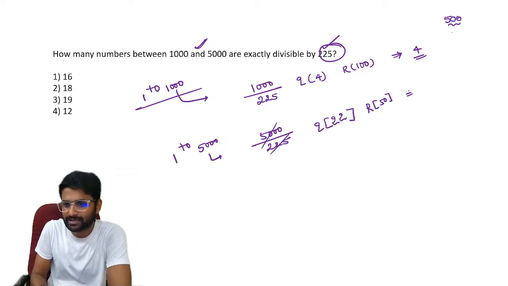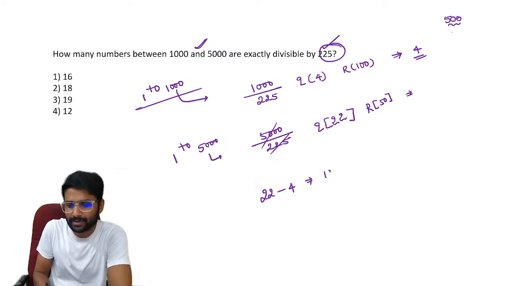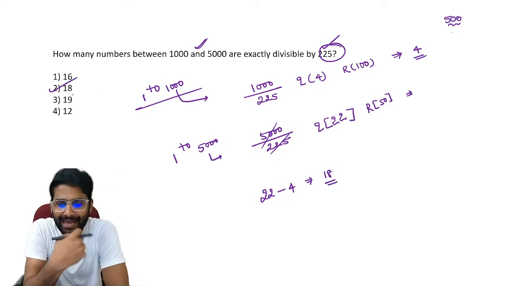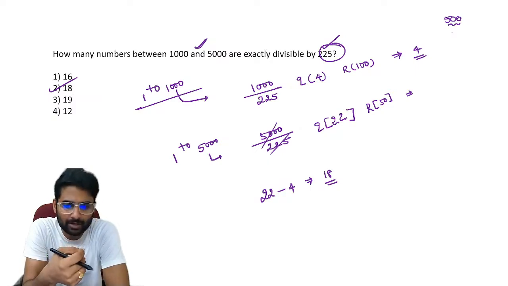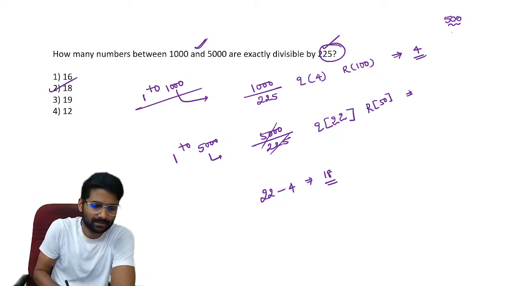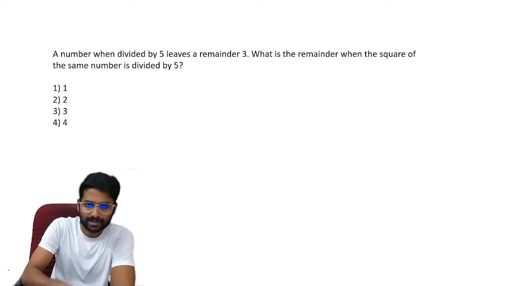Now you should understand that 5000 is also not divisible by 225. Now the question, how many lie between 1000 and 5000? So simply subtract those, 22 minus 4, then it becomes 18. So we have a total of 18 multiples of 225 available from 1000 to 5000. Clear? Very good. Next. Try to answer this question.